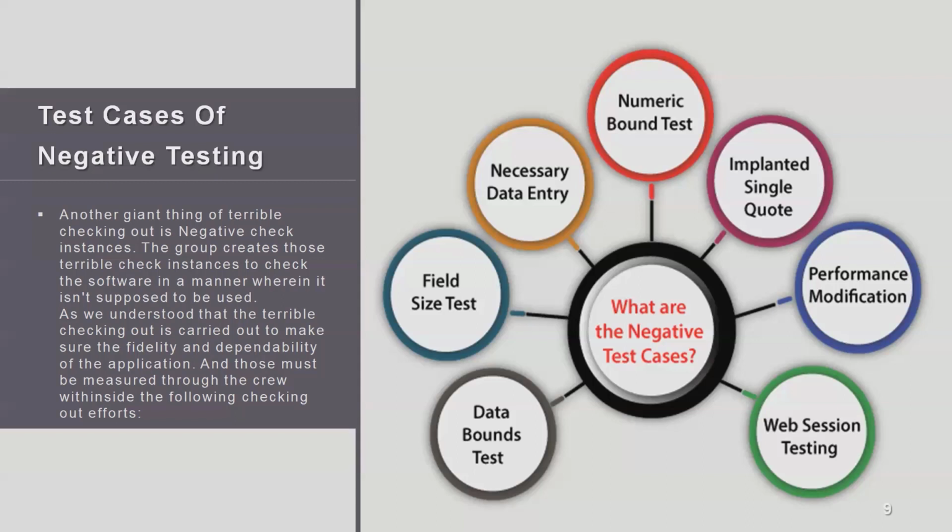Here we have to verify web session testing and performance changes. That means when we enter these details, how the navigation works and how fast it is. The other checks are implemented single code, numeric bound test, necessary data entry, field size test, and data bound test. These are the parameters which we have to verify.